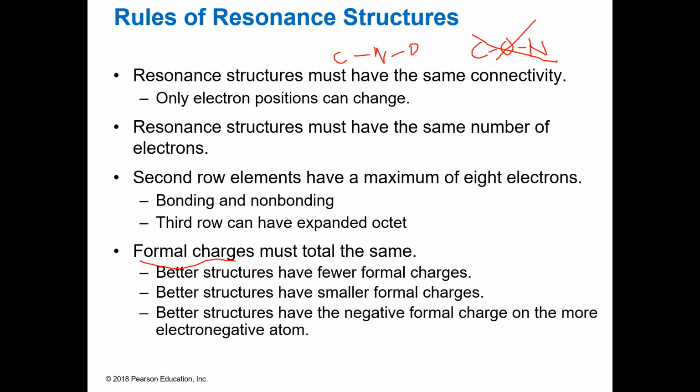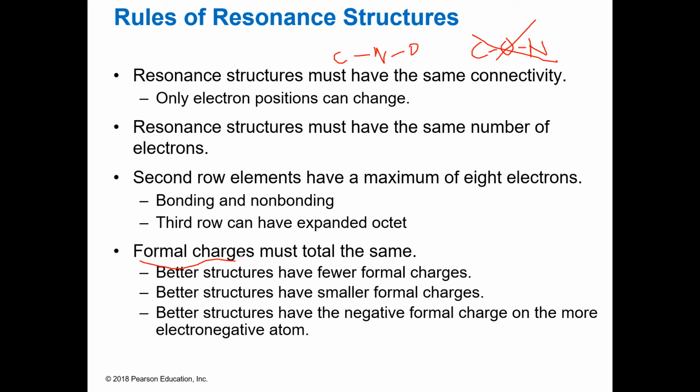Now, a couple things about resonance structures. When we're looking at formal charge, the fewer formal charges we have, the better the structure is. The smaller the formal charge we have, the better the structure is. And if we're looking at competing structures, if there's a negative charge, the negative should be on the more electronegative atom to be a better structure.